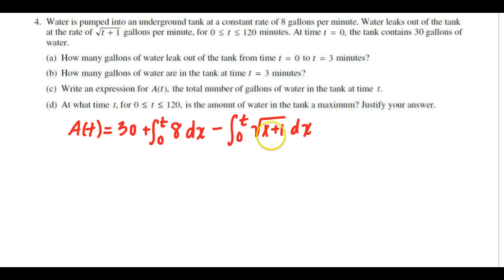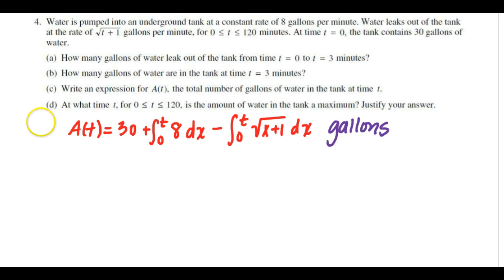So let's look at this a of t function from the previous part, from part C. The amount of water in the tank at any time t is given by this function. So the units of this function are in gallons. So if I were to plug in again that number 3 into this function, I would get a numerical value, and that value would be the number of gallons in the tank after 3 minutes have passed.